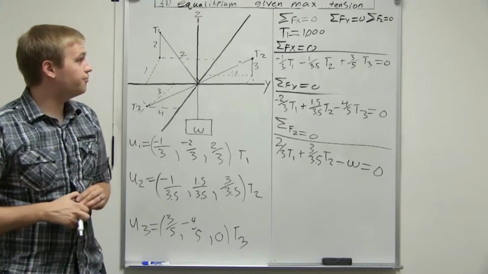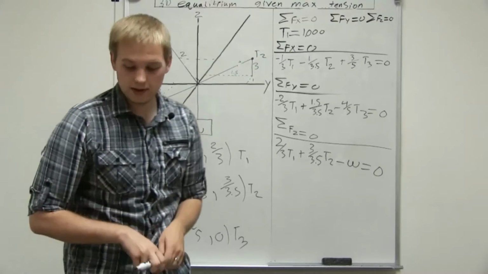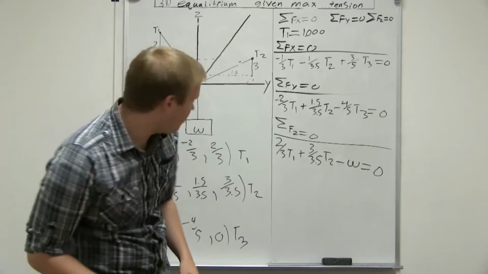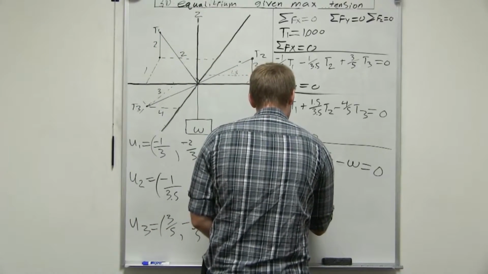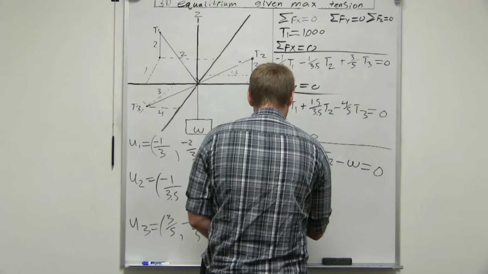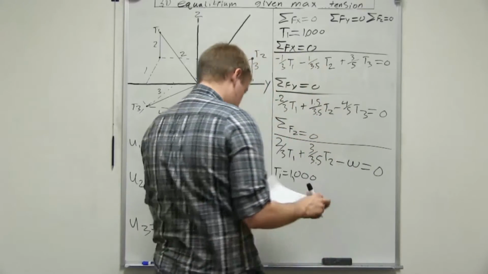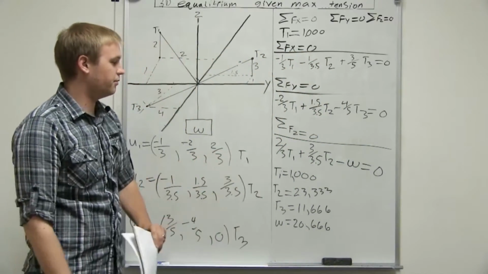Anyway, so assuming that T1 equals 1,000 pounds, we plug that into our simultaneous solver, and we get out T1 equals 1,000. Okay, so let's look at these numbers for a second.